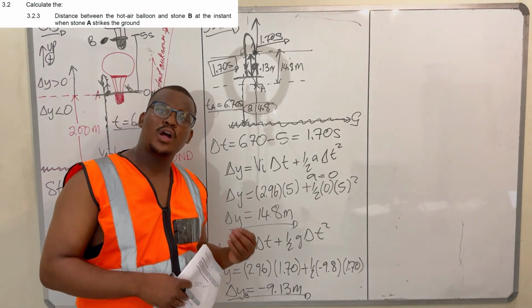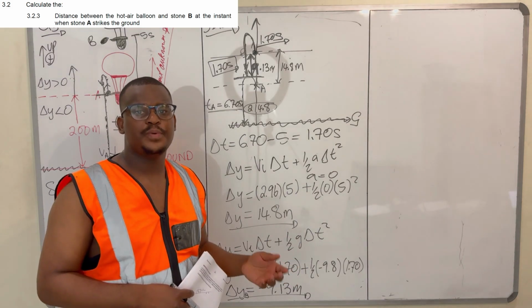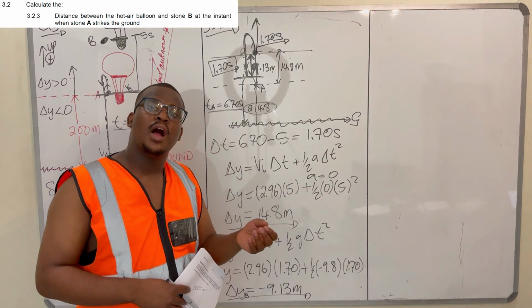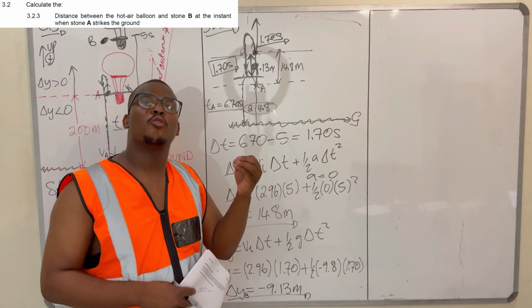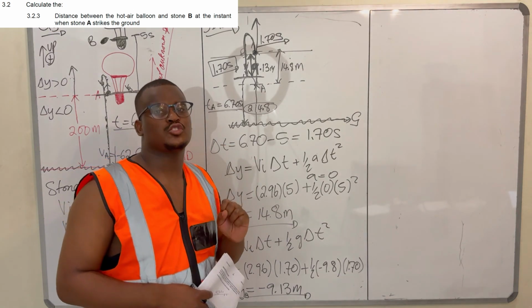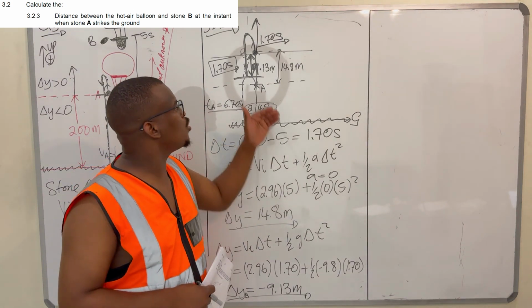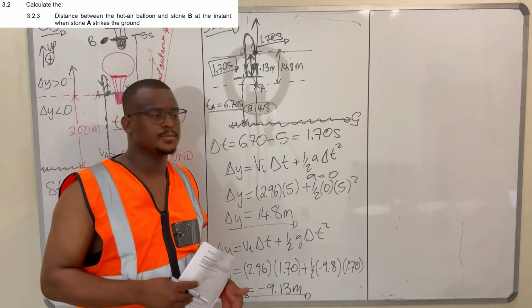Now, if we want to find the distance between the hot air balloon and stone B, we also need to know how far the hot air balloon is from the starting position, from where the stone was dropped. So we should also calculate the position of the hot air balloon for that 1.70 seconds.